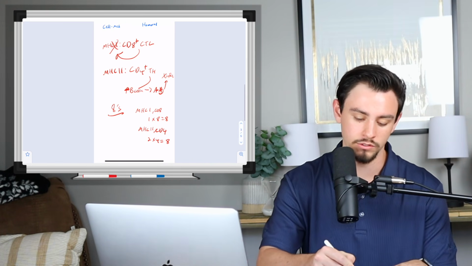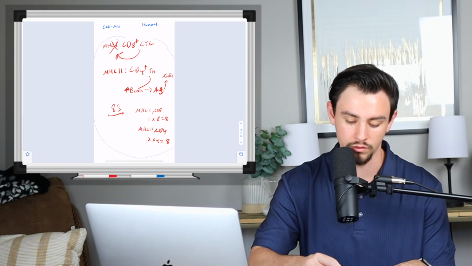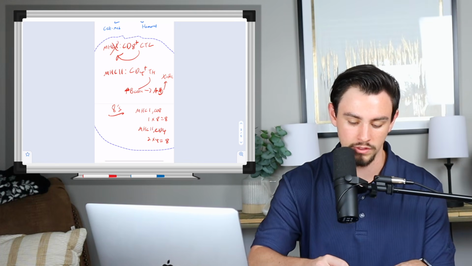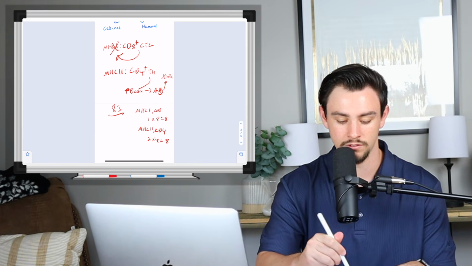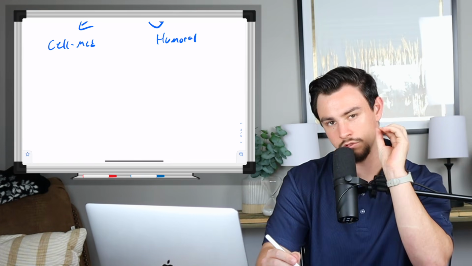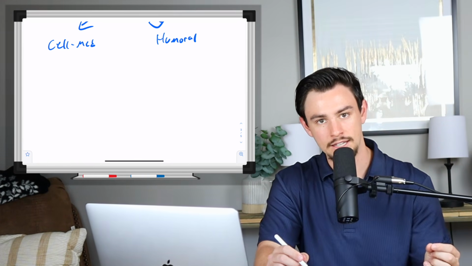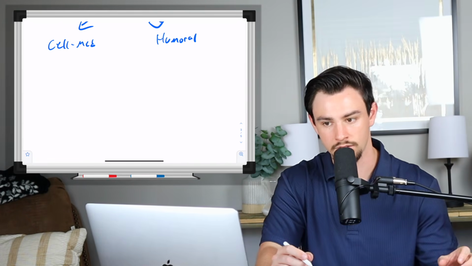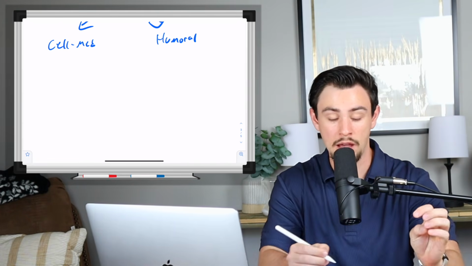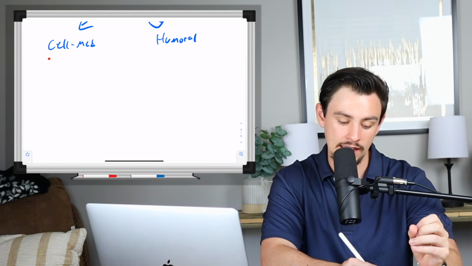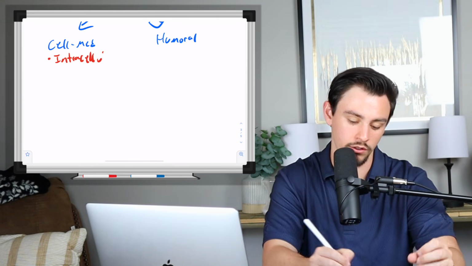So how does all of this relate to the cell versus the humoral immune system? Well, we've already kind of touched on some of that, but let's summarize the cell-mediated and the humoral immune systems, and give you some quick little facts to memorize about each so that you can make sure to get all these right on test day. For the cell-mediated system, I want you to think that this is to fight intracellular pathogens.